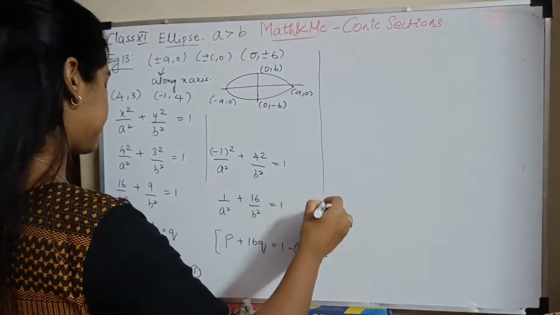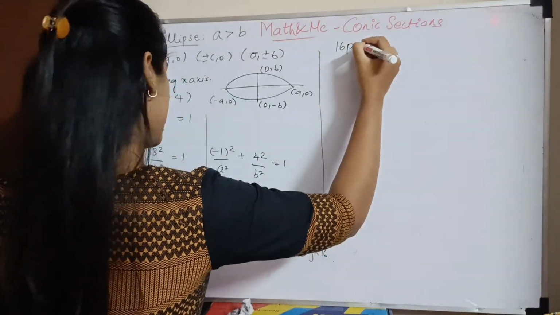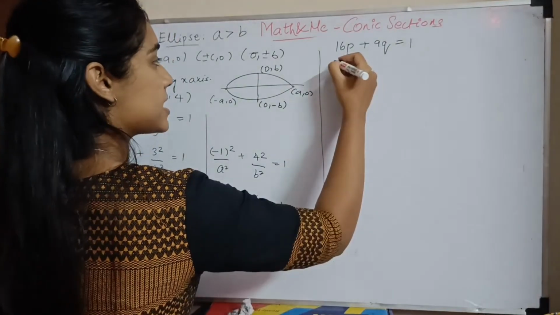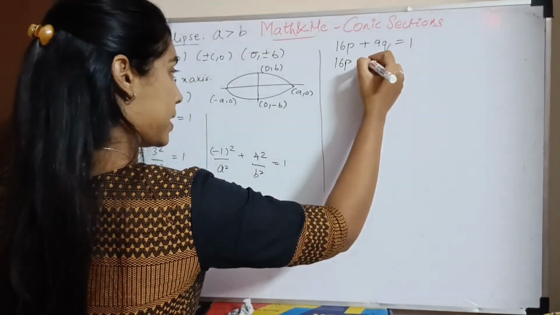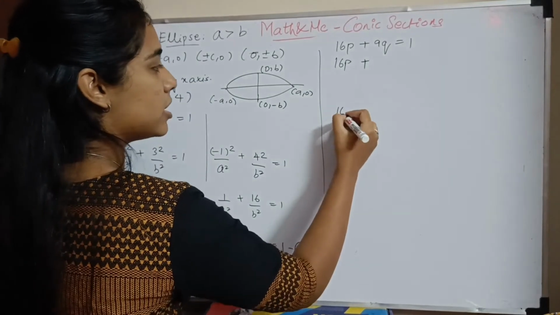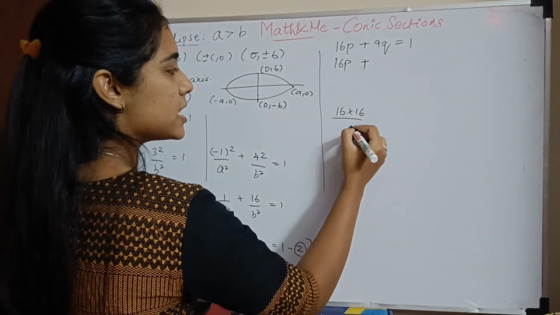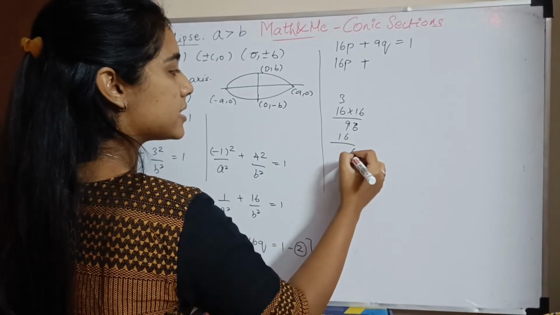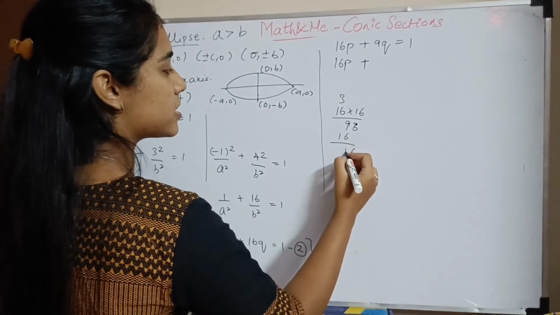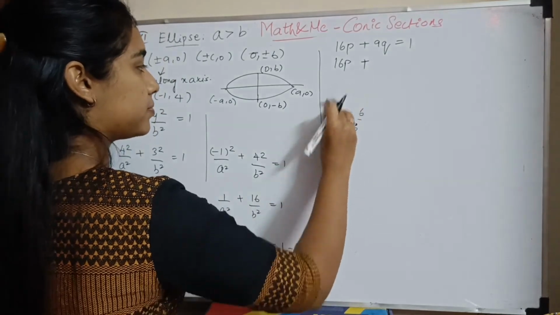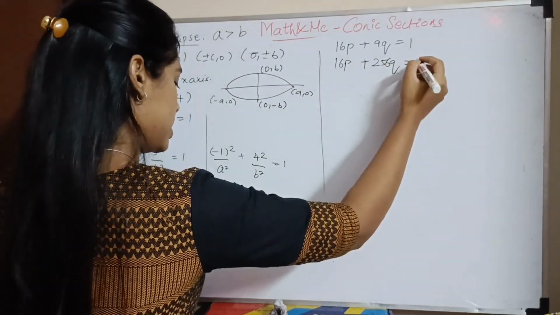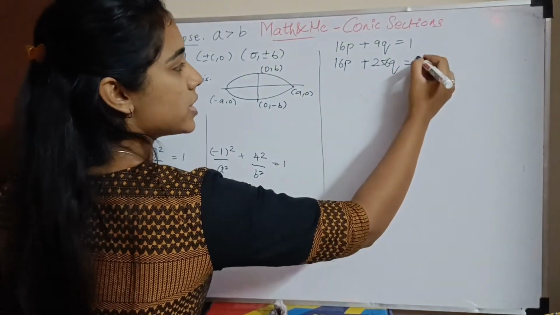So what will I get? I have 16p plus 9q equals 1. Multiplying the other equation, I get 16p plus 16 times 16, which is 256q, equals 16.